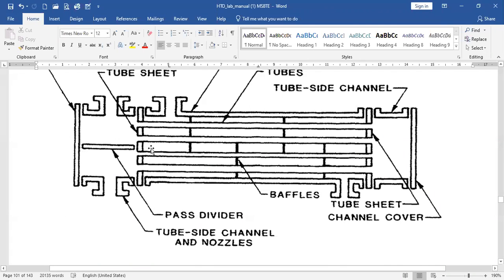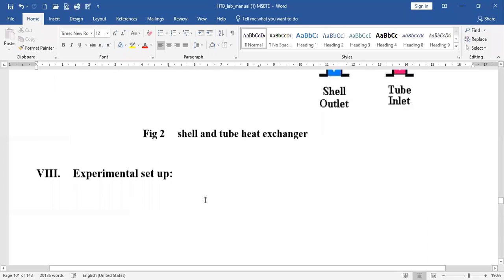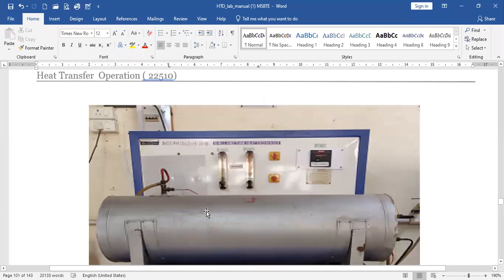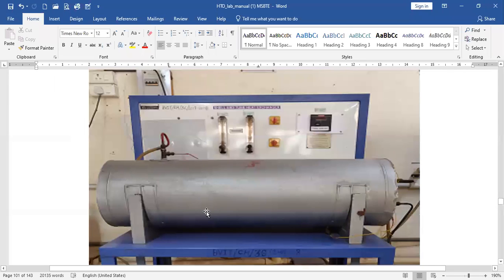So due to this pass partition, this tube side fluid is passing through this shell and tube heat exchanger along the length of the heat exchanger twice, and that is why it is a 1-2 shell and tube heat exchanger. So we are going to conduct an experiment in the 1-2 shell and tube heat exchanger, right? So this is the experimental setup. The experimental setup may be changed a little bit, but normally it is like that only.